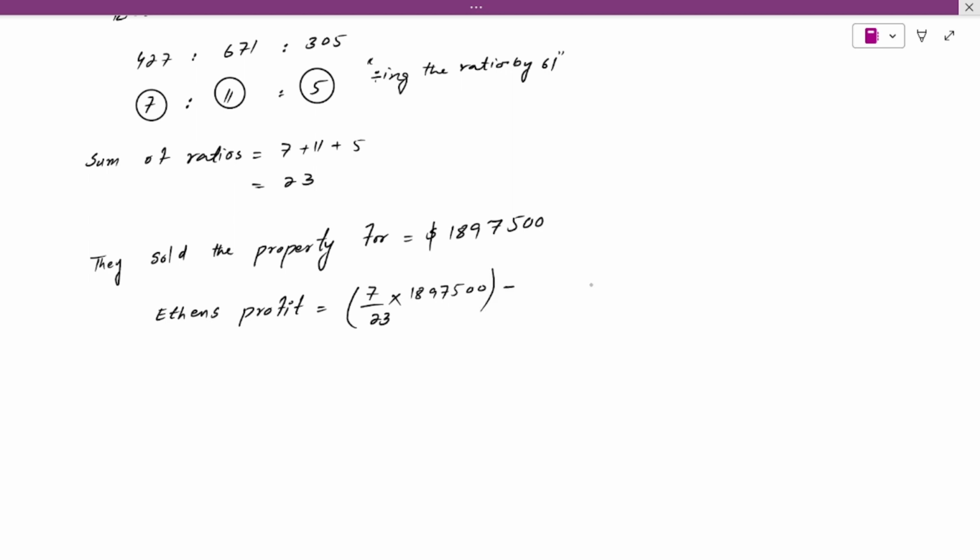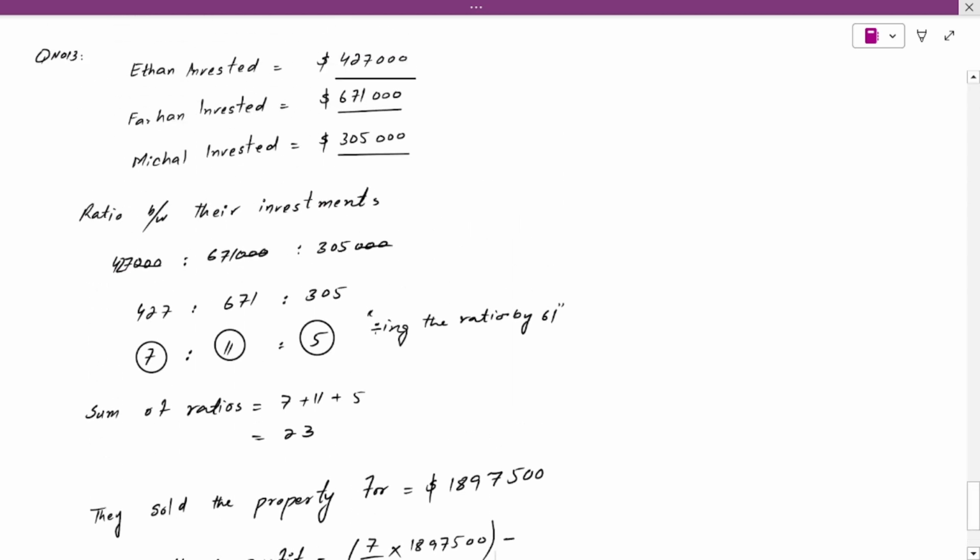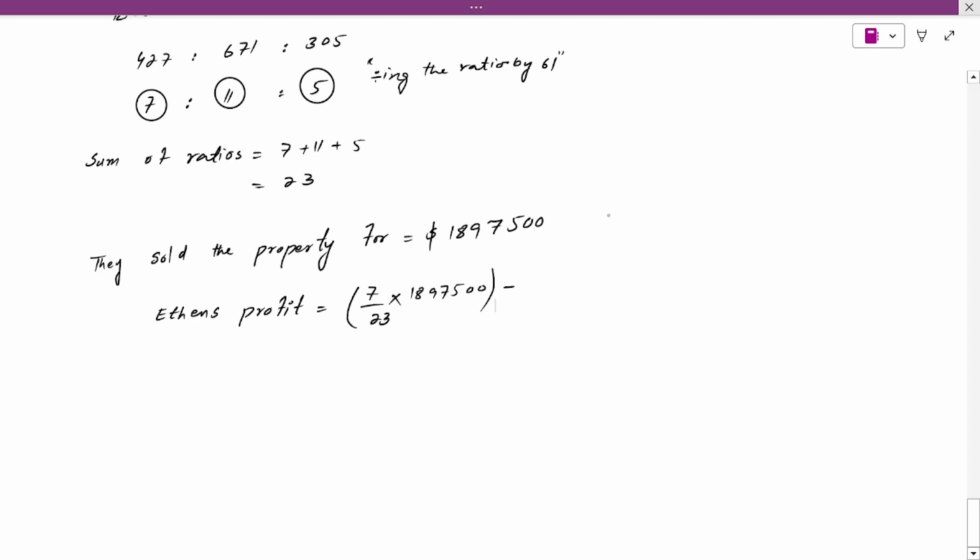We subtract the investment of Ethan from this to get Ethan's profit, and Ethan's investment is $427,000.